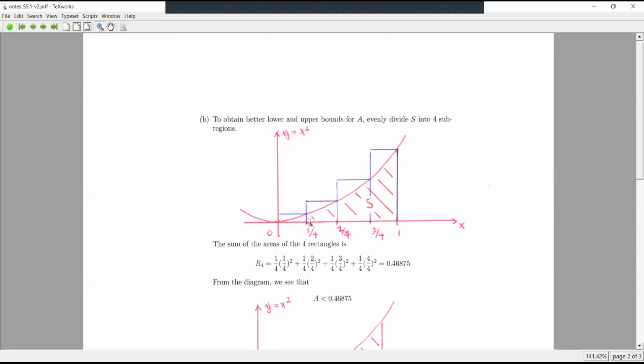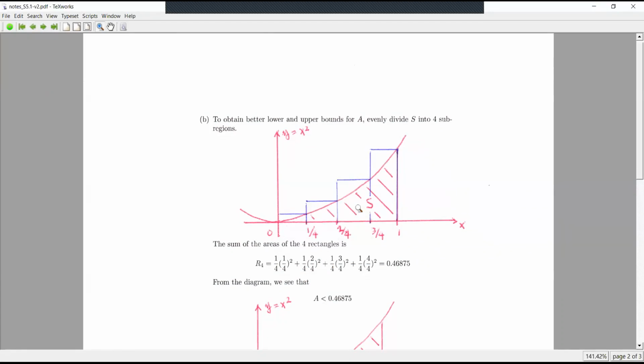Similarly, over the second subinterval, use the function value at the right endpoint as the height to build a rectangle. Area is base 1/4, the distance between these 2 points is 1/4. So base 1/4 times height, function value at 2/4, 2/4 squared. Function is x squared. So this number is the area of the second rectangle.